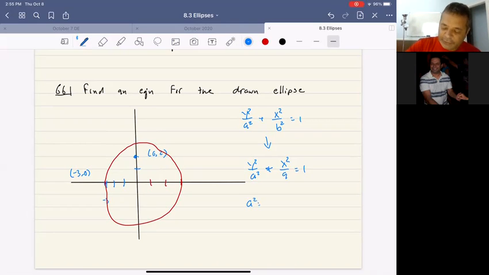So a squared equals 9 plus 2 squared, which is going to be 13. So a is the square root of 13. Okay, so we get y squared over 13 plus x squared over 9 equals 1.